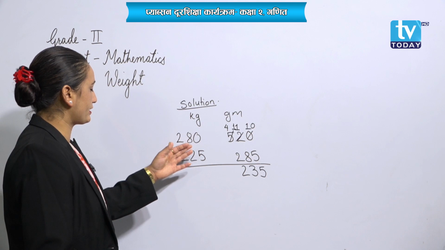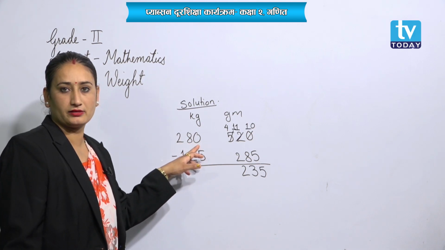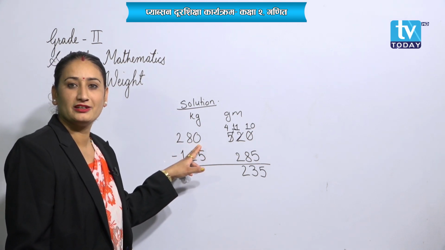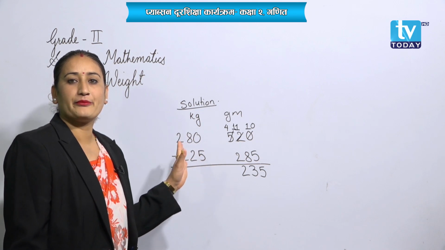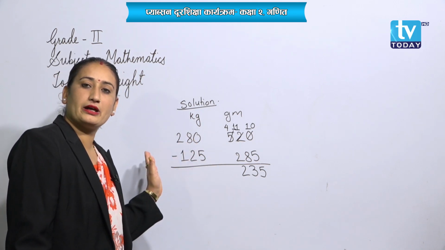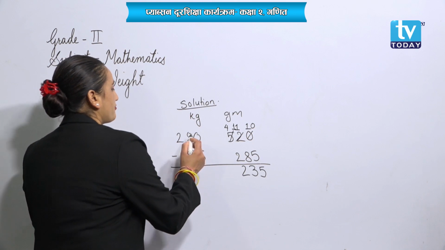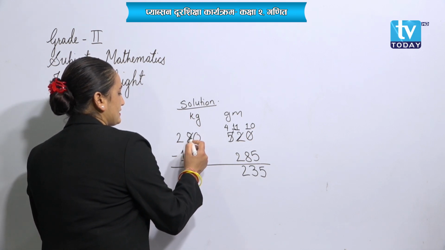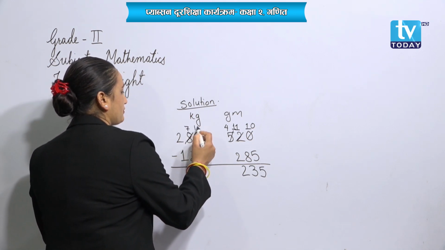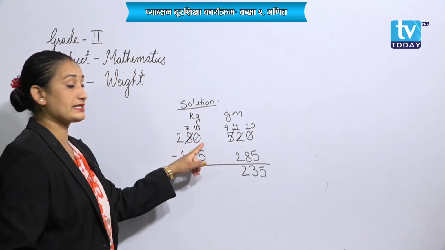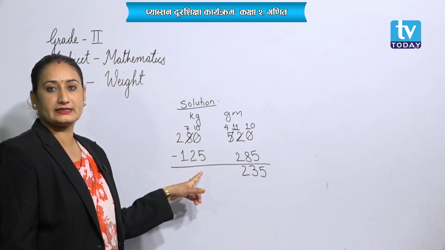Now let's go over here. Again 0 is coming. So what we have to do? We have to take a borrow from the previous number. Right? Front digit, that is 8. Let's cut 8. 7 will be left. 1 will given. Then it's become 10. Can we subtract it now?